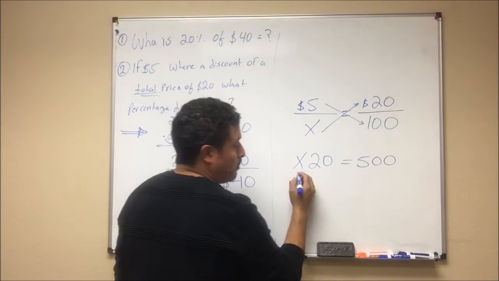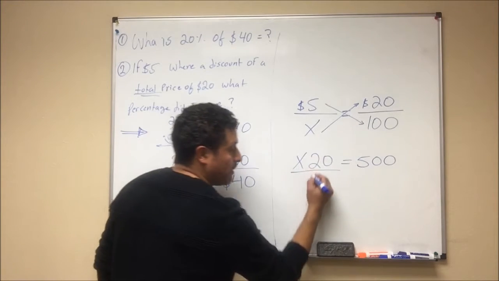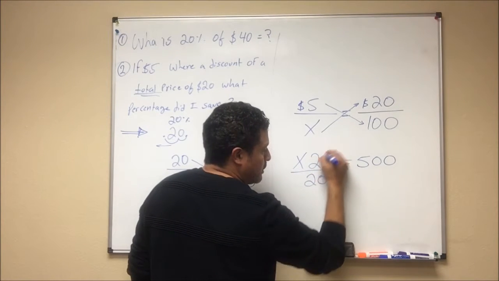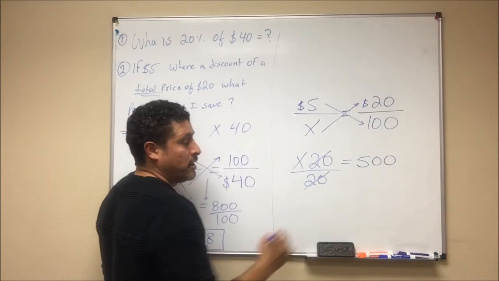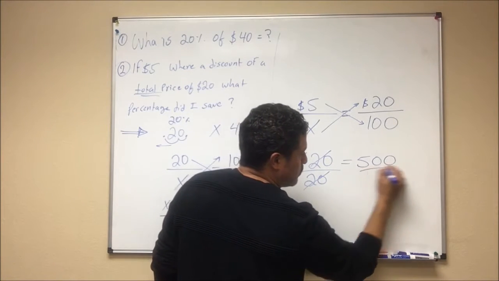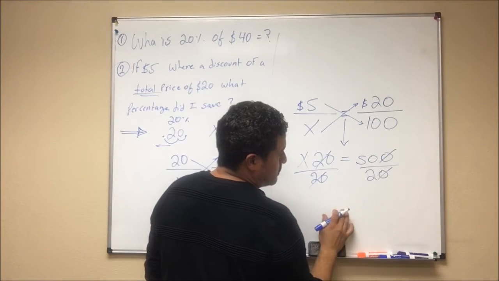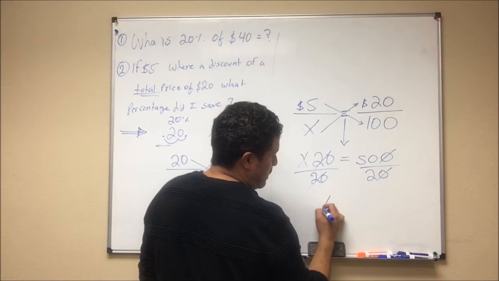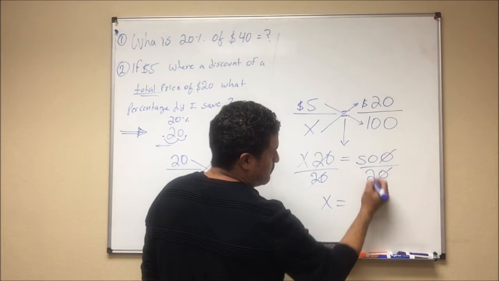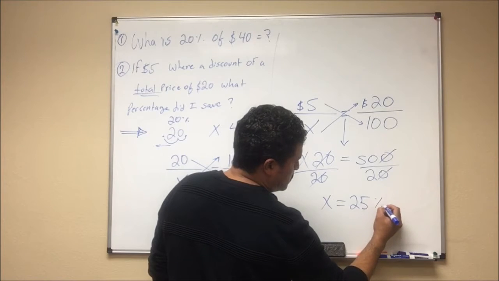Okay, now remember that in order for you to isolate X, you have to divide by the same number so that they can cancel each other. But whatever you do here, you have to do over here too. So you divide by 20. I mean, you can actually get rid of 1 0, and X becomes 50 divided by 2, 25%.